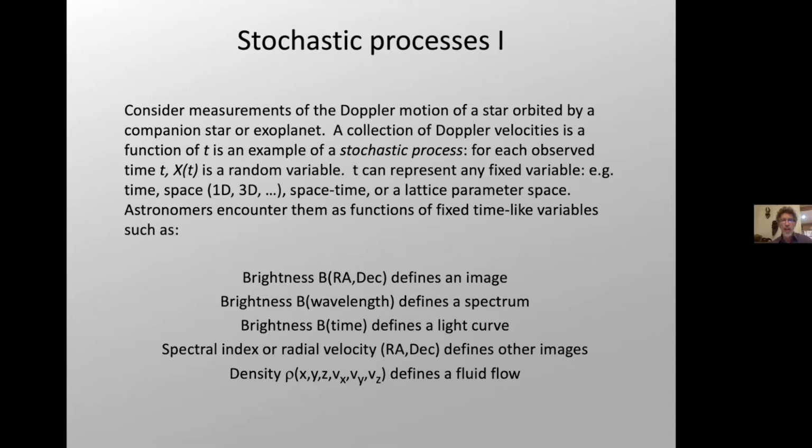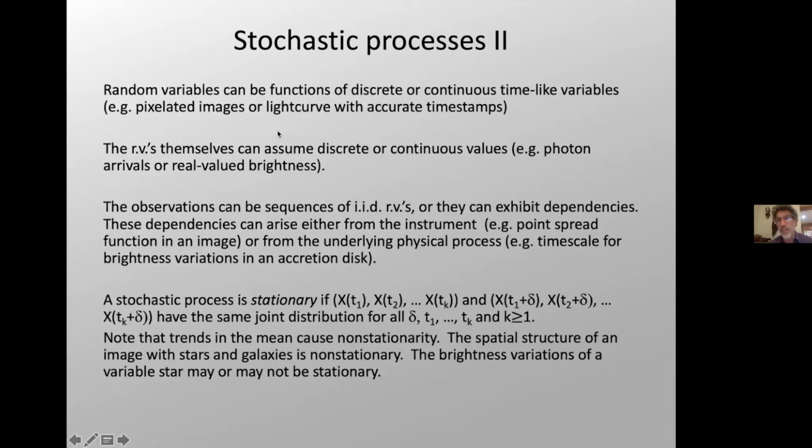So the main thing is that these are functions of time-like variables, fixed variables like the fixed pixels in an image, or the fixed pixels in wavelength in a spectrum. So that's the critical point here, it's not a question of measuring brightness as a function of, I don't know, metallicity or something of some objects. It's repeated measurements along fixed axes. And time is often one of those axes. Not always, but it can be.